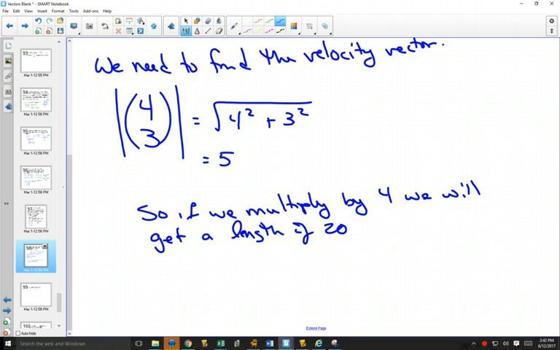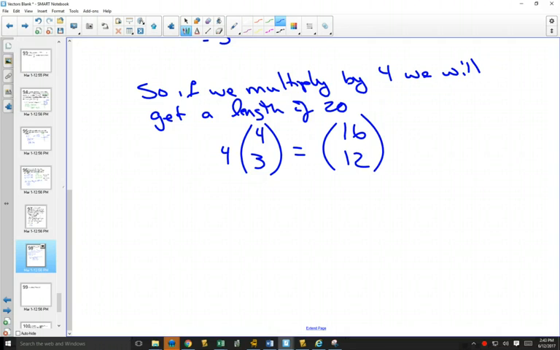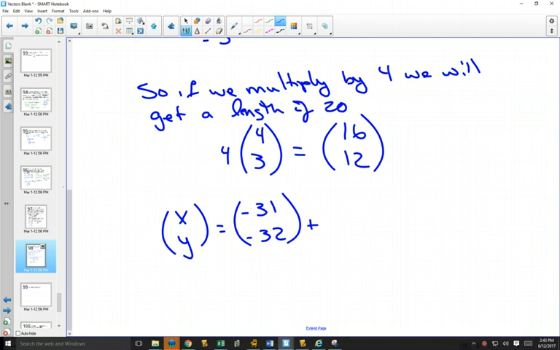So if I take my vector 4, 3 and I multiply it by 4, I get 16, 12, and this is my velocity vector. And so now my equation of my line will be my starting point plus t times my velocity vector.